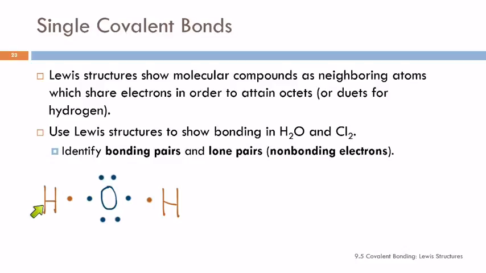So hydrogen wants 1 more electron. Oxygen's not willing to give it to him, but says, I'll share with you. And so what I'm going to do is just connect those 2 dots. Oxygen's sharing this electron with hydrogen. Hydrogen is sharing that electron with oxygen. When you share something, the thing belongs to both of you.